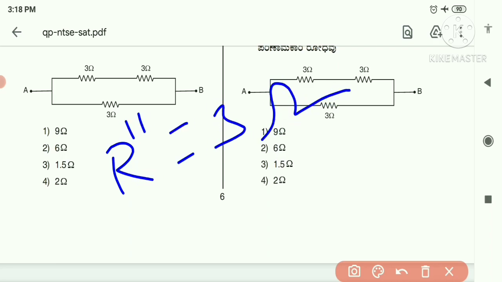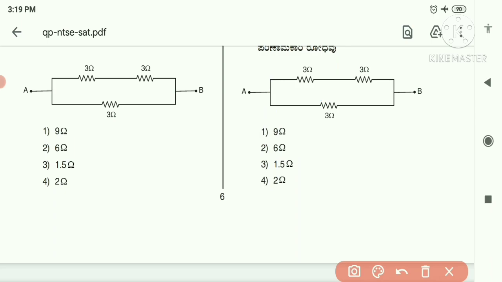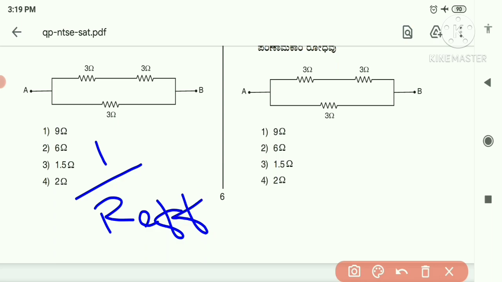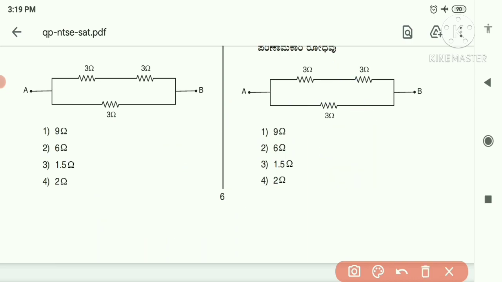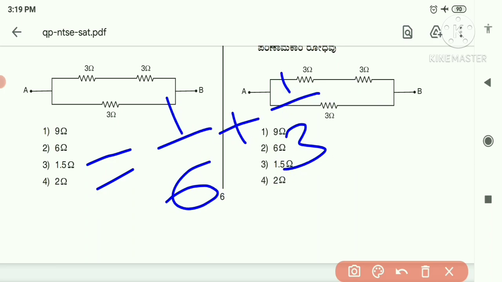So now for R effective, 1 by R effective, because these are in a parallel connection, is 1 by R dash plus 1 by R double dash. Now put the value: 1 by 6 plus 1 by 3.